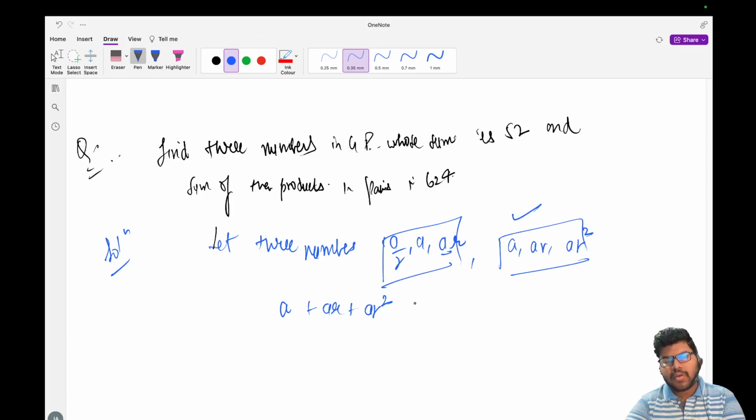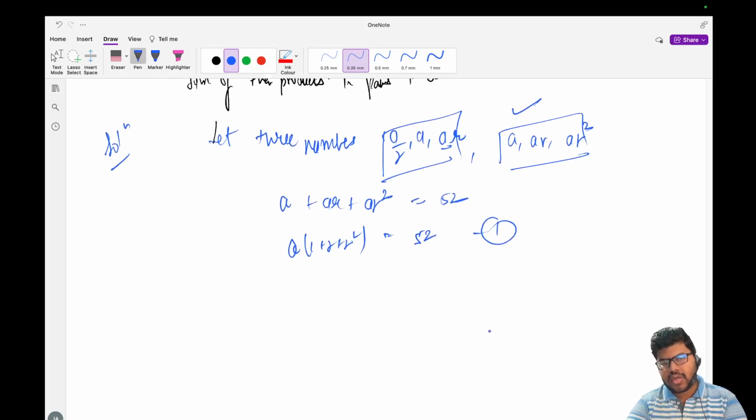तो ये सम अपने को दे रखा है कितना, 52, राइट। एंड सम ऑफ द प्रोडक्ट्स इन पेयर्स। सो देखो इससे क्या निकला, a(1 + r + r square) this is 52 also. So let us see first equation, right?